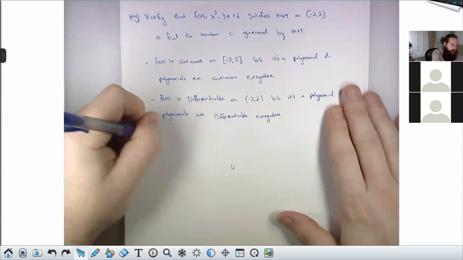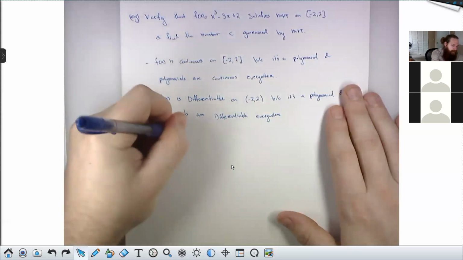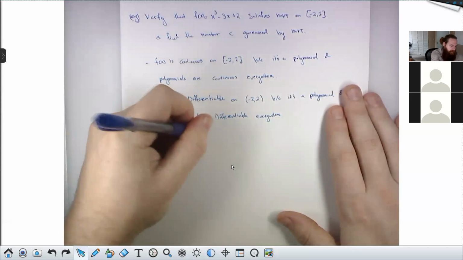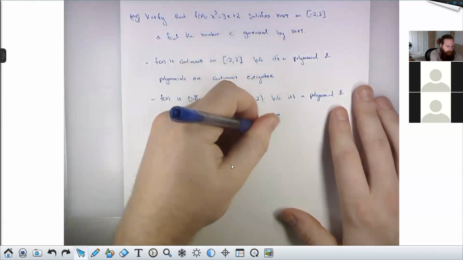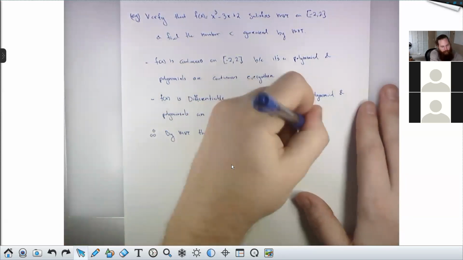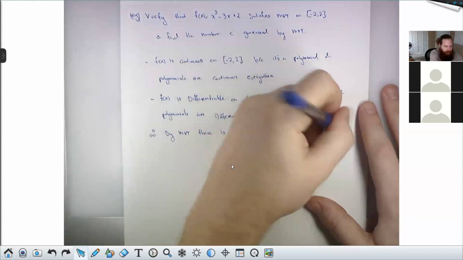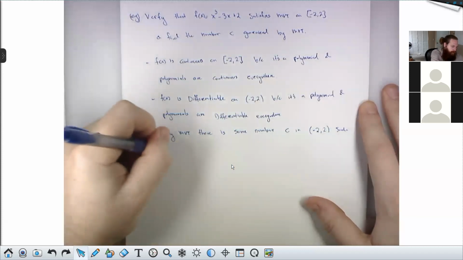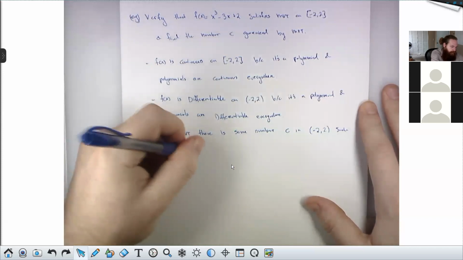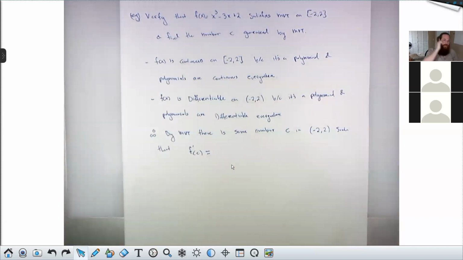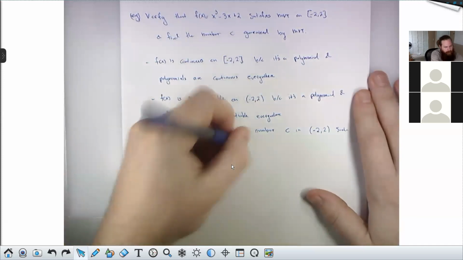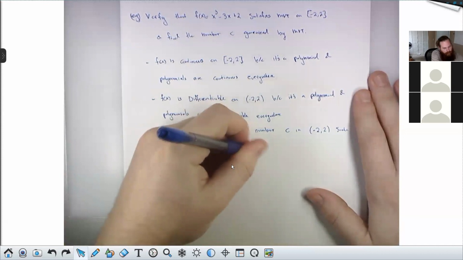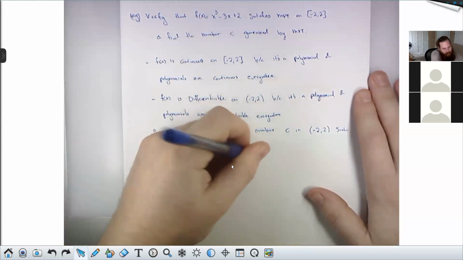Therefore, by MVT, there exists some number C in the open interval -2 to 2, such that f primed of C is equal to the average rate of change for f of x on the interval -2 to 2, which is f of 2 minus f of -2 over 2 minus -2.